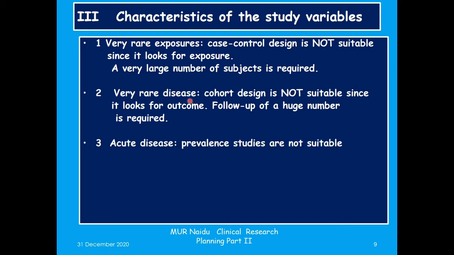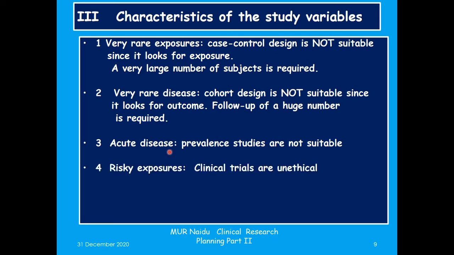The third is the acute disease, where the disease lasts for a very, very short time. In this type of study, prevalence studies are not suitable. You cannot conduct a prevalence study in a community or a particular area for an acute disease, because the disease lasts for a very short time and you may not get enough information to complete that study.